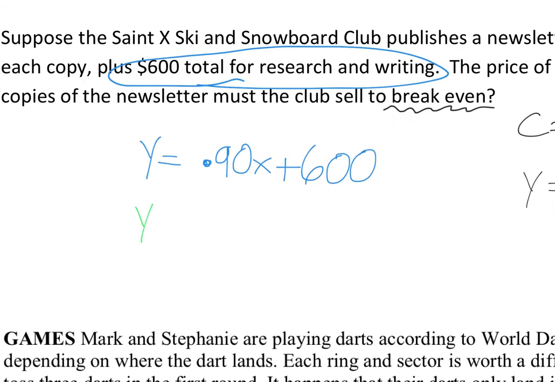Then the other equation says you're making $1.50 per every copy, but there is no B value, no starting value on that, because if you're trying to make profit and you sell 0 copies, you haven't made any profit. So if I wanted to figure out how many copies I would need to sell to break even on this, we would use substitution and set these two Y values equal, and then solve.